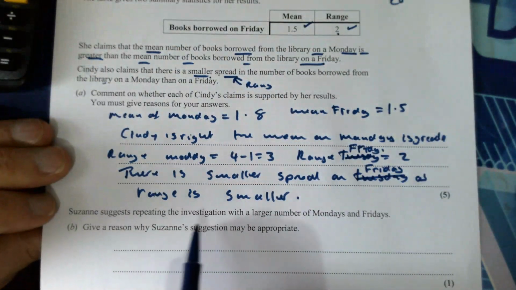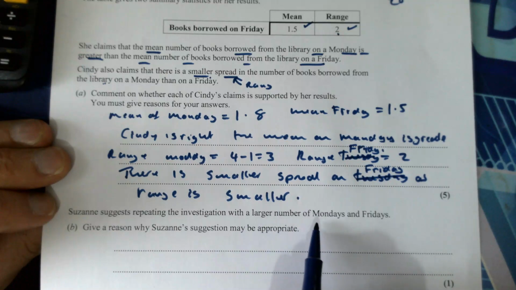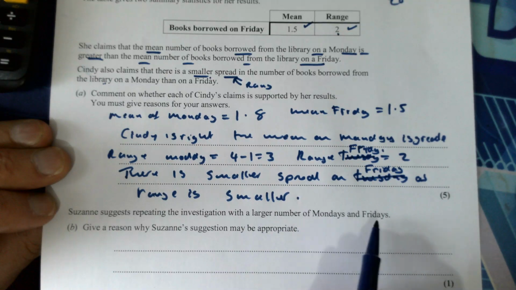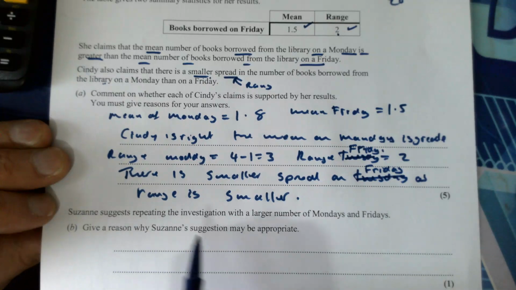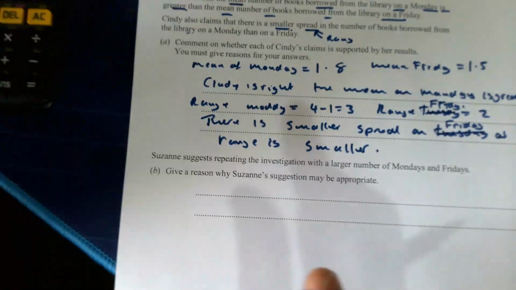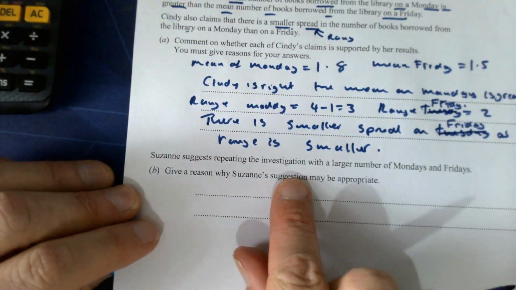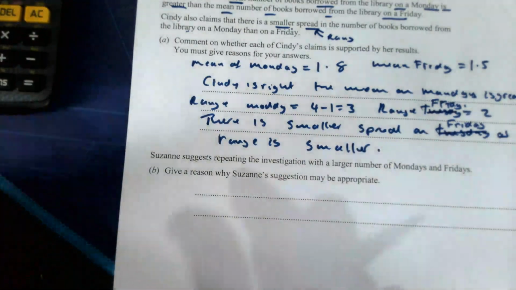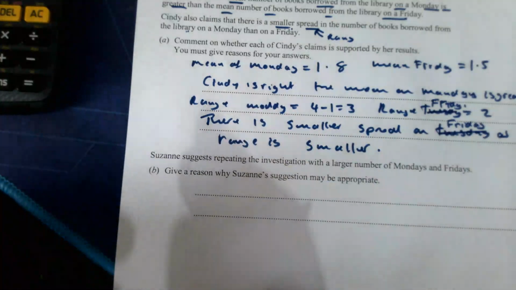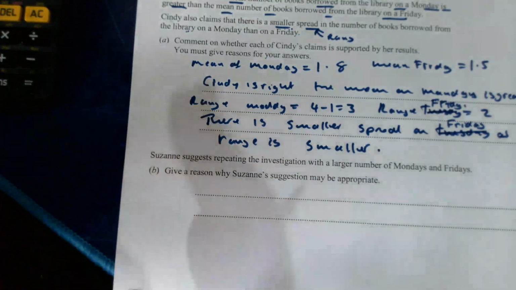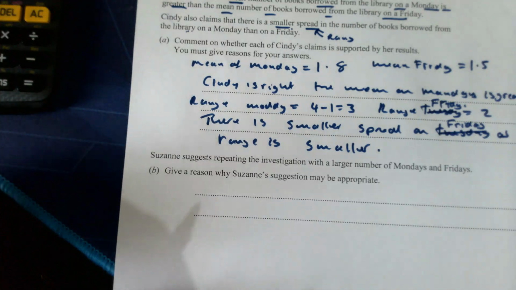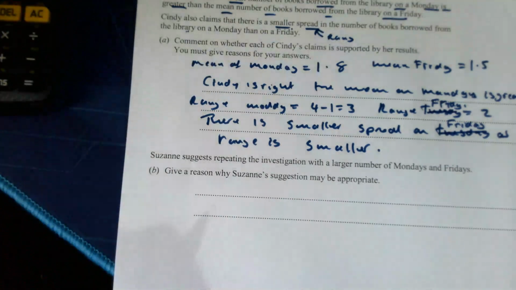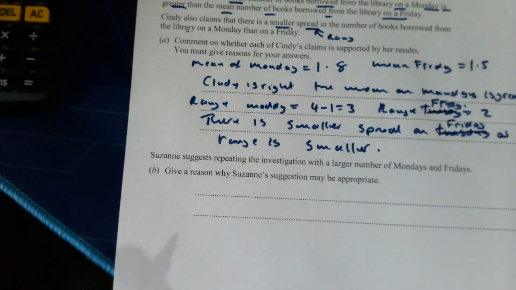The conclusion suggests repeating the investigation with a larger number of Mondays and Fridays. I think that's quite a good idea. She's saying repeat the investigation with larger numbers, because the more days you get, the better the sample. You increase the sample size, it's more fair. There might be a variety of reasons that people didn't turn up that Monday. It was raining, buses didn't turn up.